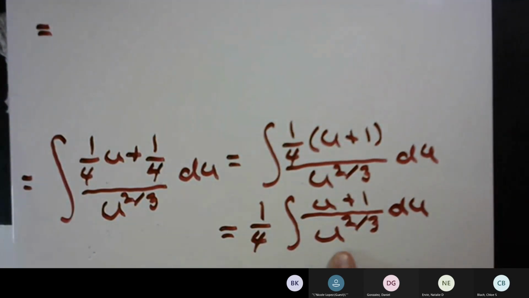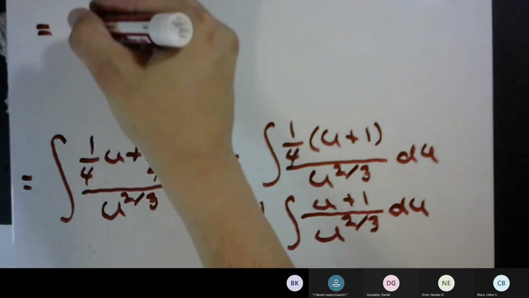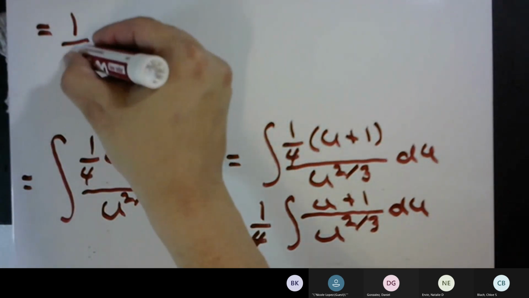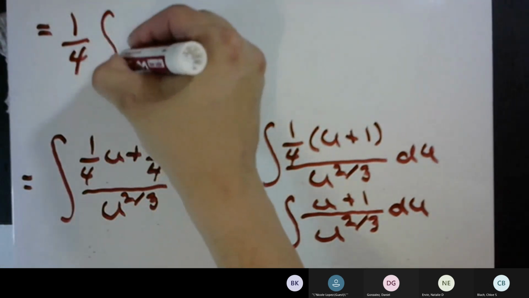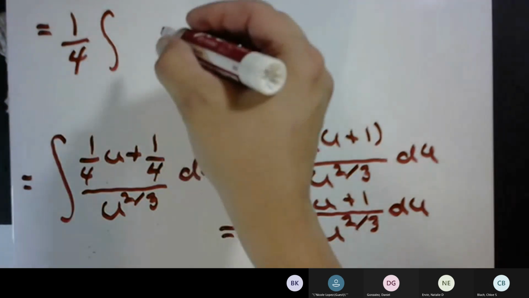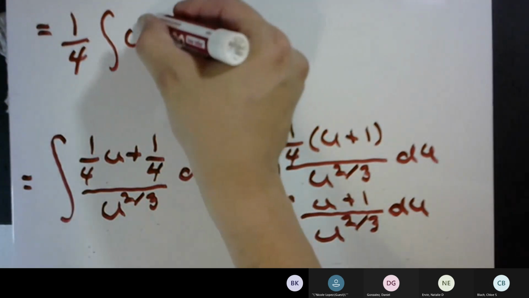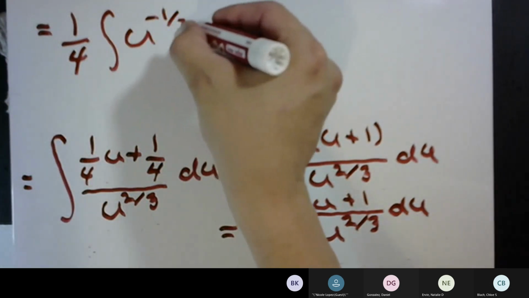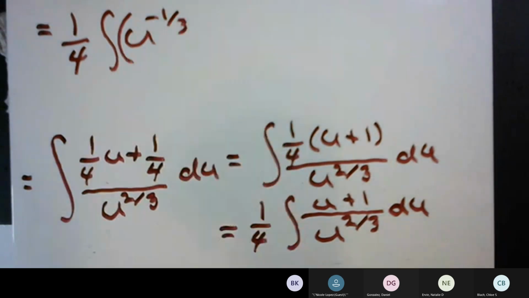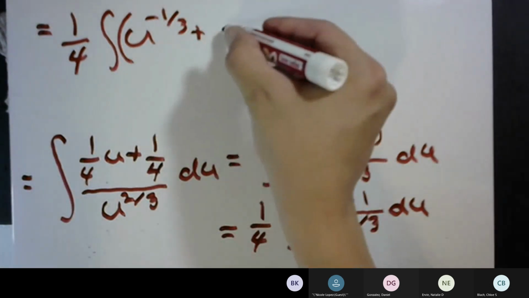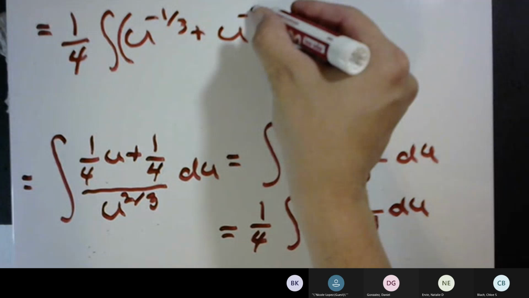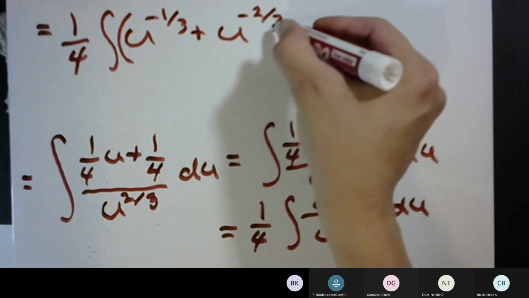And then dividing everything by u to the 2/3, the integral of u to the minus 1/3 plus u to the minus 2/3.